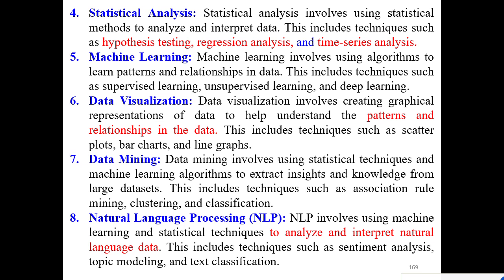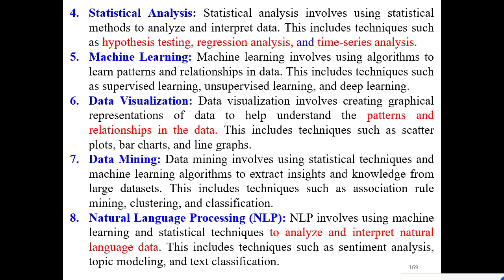It involves a combination of statistical, machine learning and various techniques and algorithms to extract insights and meaningful, knowledgeable data from large data sets. This includes techniques such as association rule mining, classification, regression analysis, outlier detection, recommender engine, etc.